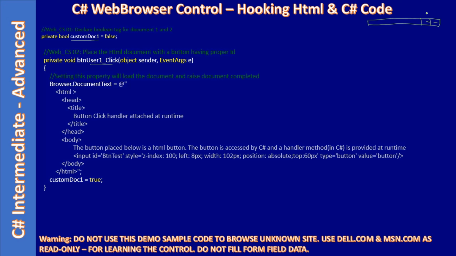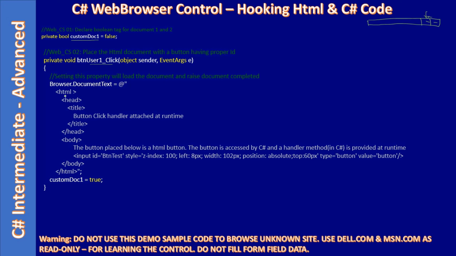So when the user clicks the first button, this click handler will get called, and if you see here we are using the DocumentText property. In C#, this is what is called a verbatim string. That means we specify the @ and then start the string so that the format will get maintained.